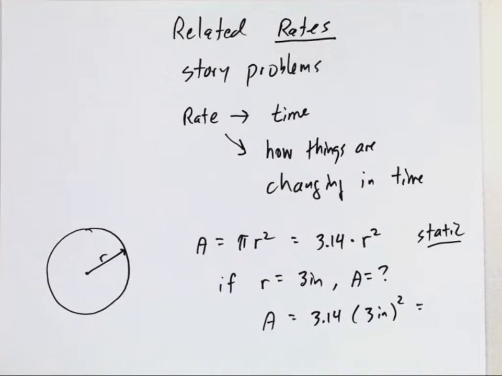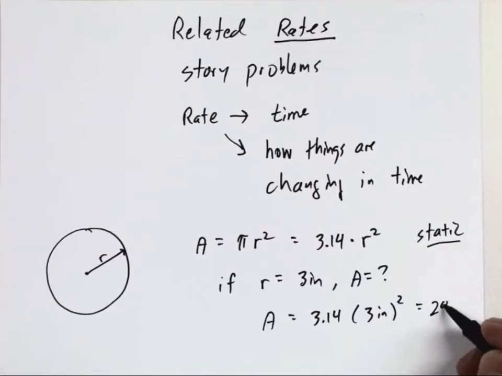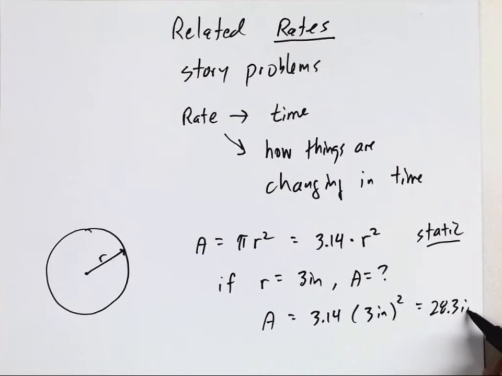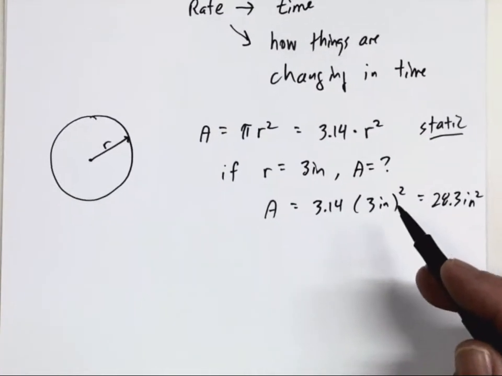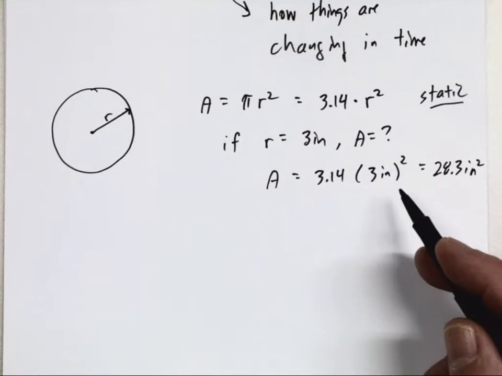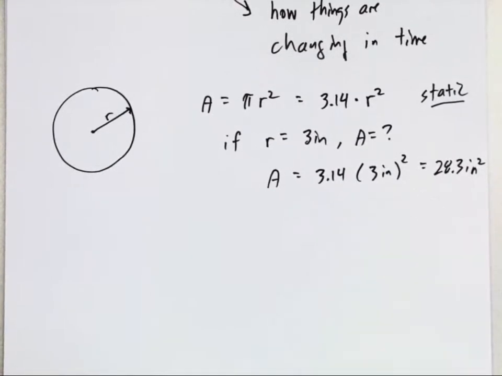I'm actually going to use my calculator for this since I've got the 3.14. 28.3 square inches. So nothing is changing with respect to time. It just is what it is.